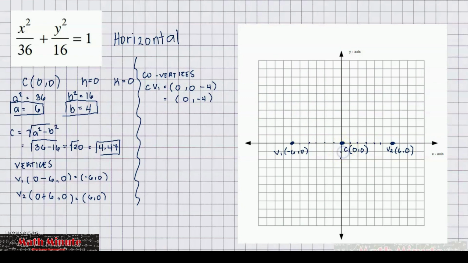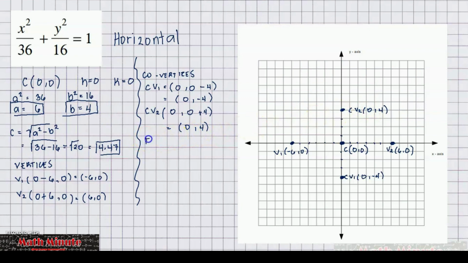So 0, negative 4, 1, 2, 3, 4. So CV sub 1 is 0, negative 4. It's this point. Next will be CV sub 2, and that would be 0 and 0 plus 4, or simply 0, positive 4. So 1, 2, 3, 4. This point is your CV sub 2, or 0, positive 4.